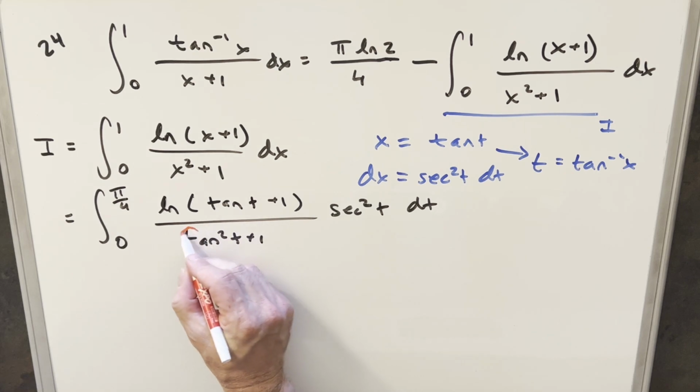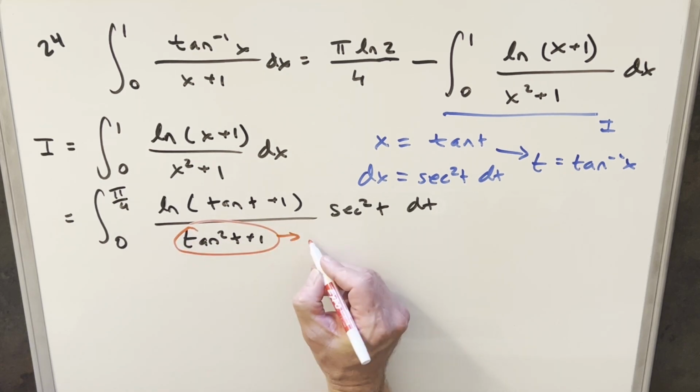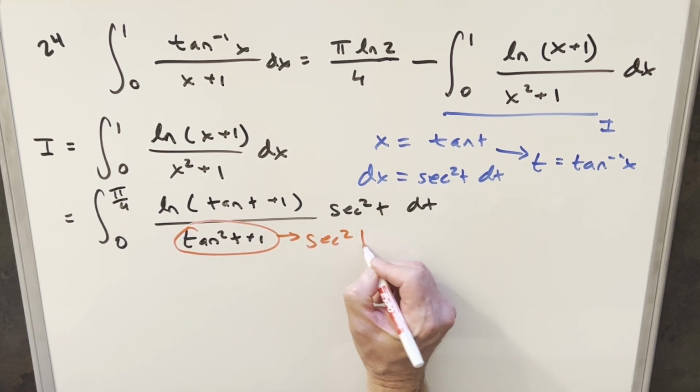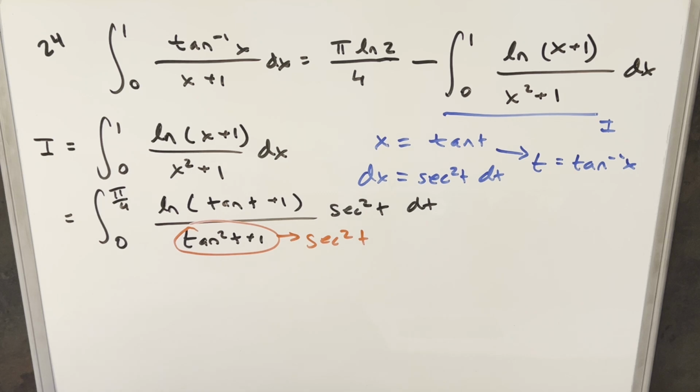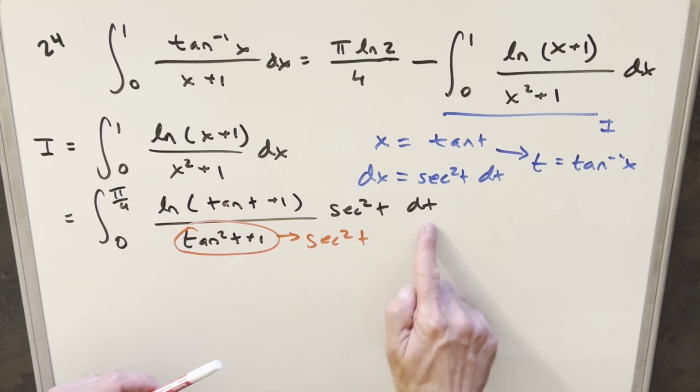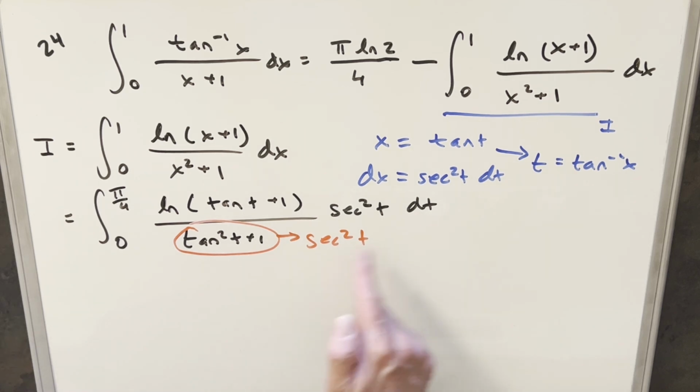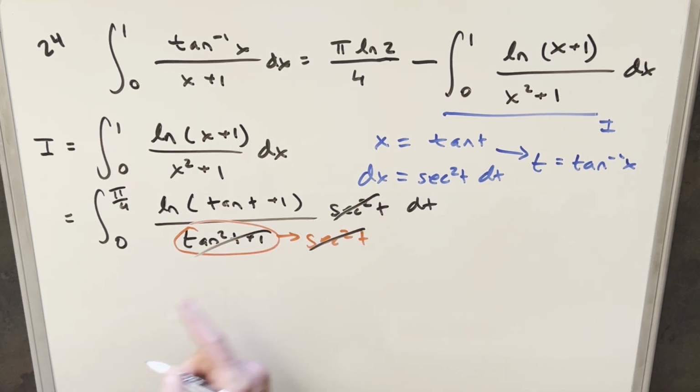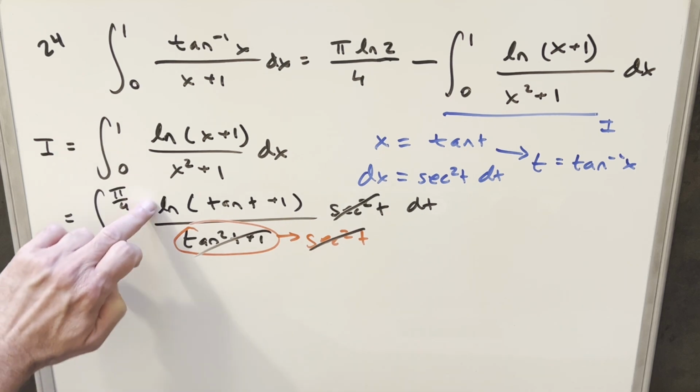For this, we can use the identity that tan squared t plus 1 is the same thing as secant squared t. I was almost going to say secant squared dt, and then we could cancel the dt's out, but then we wouldn't have a dt, and then you can't integrate it. So instead what we'll do is just cancel here and here. And then we've simplified it quite a bit.